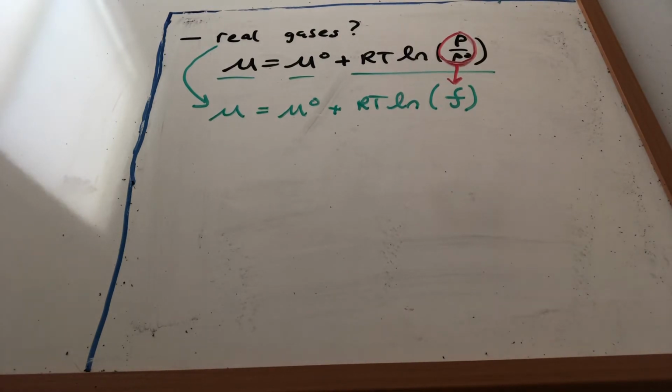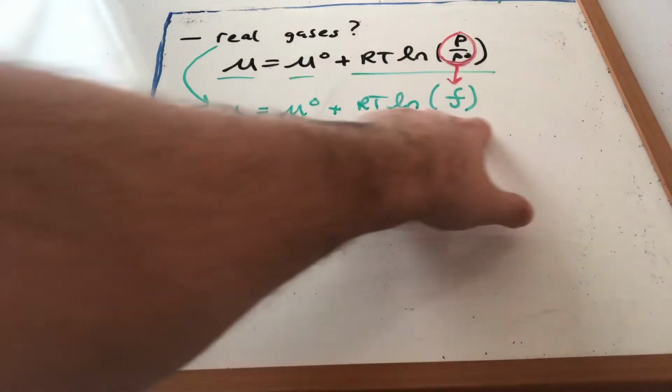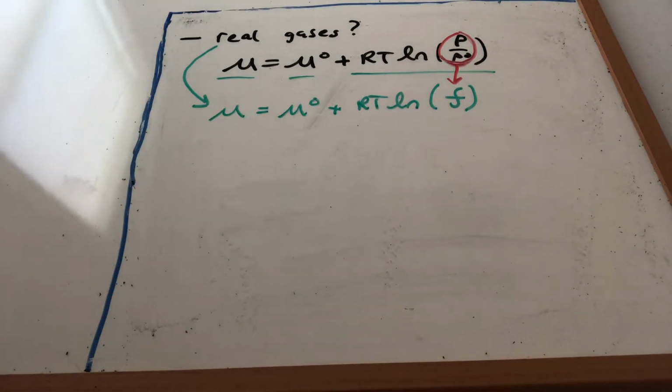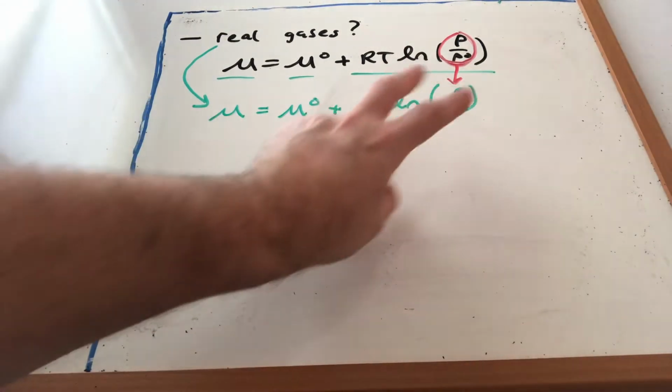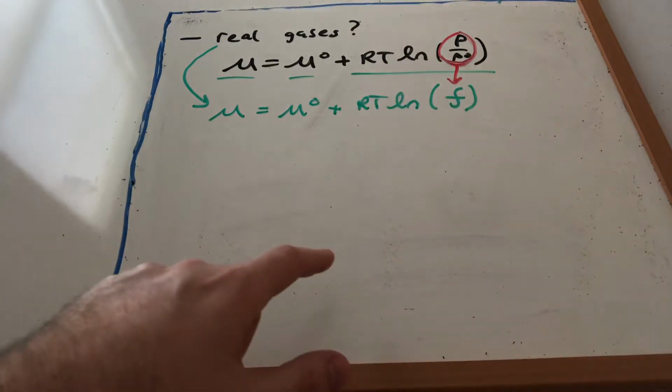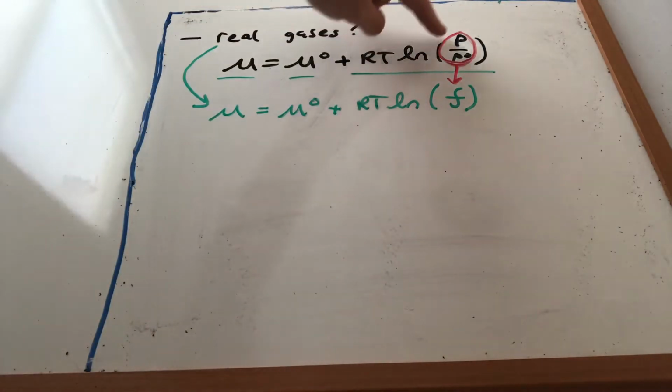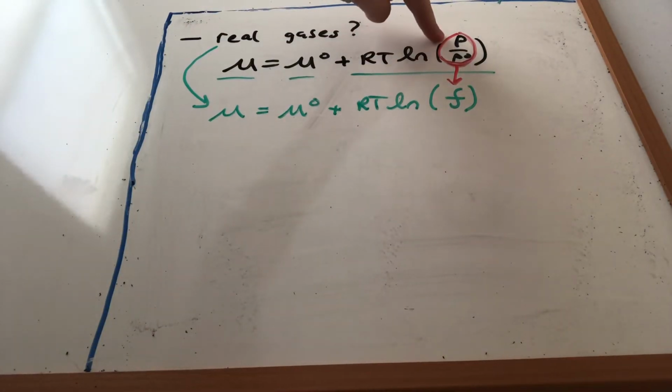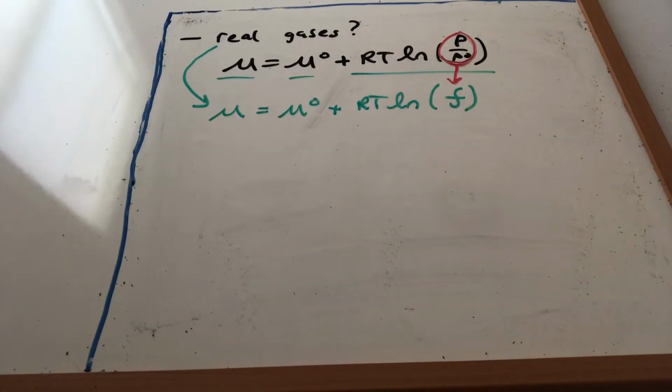We define fugacity to keep this exact same mathematical form, but then just deal with the realness in this term. Remember where this ended up? This ended up in our Q and in our K.